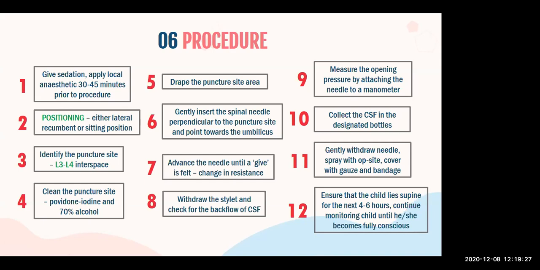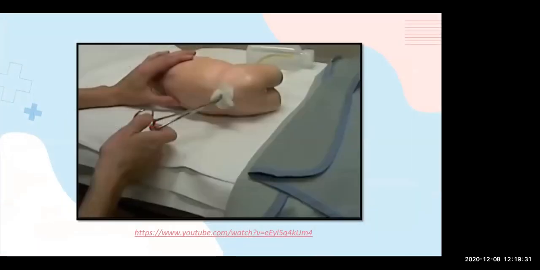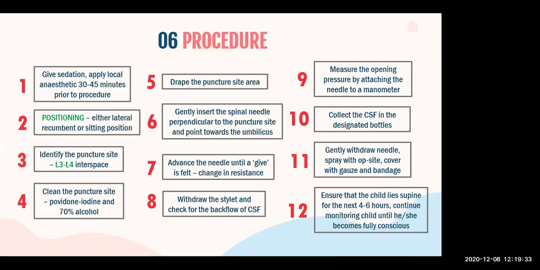And then if there is backflow of the CSF, we collect the CSF in the designated bottles, mainly 4 designated bottles. And then after we collect all of the CSF, we gently withdraw the needle, spray the site, and also cover with gauze and bandage.